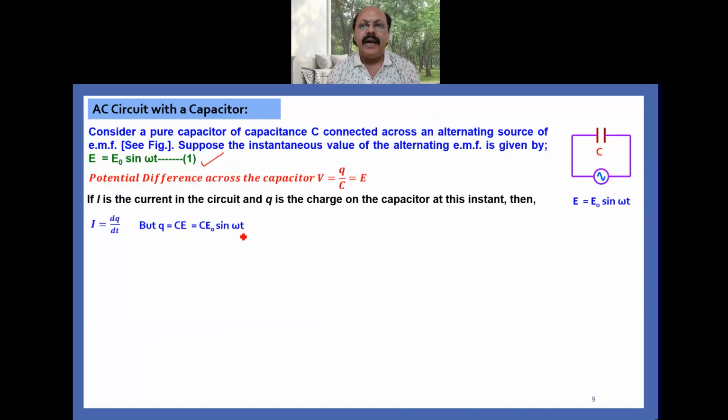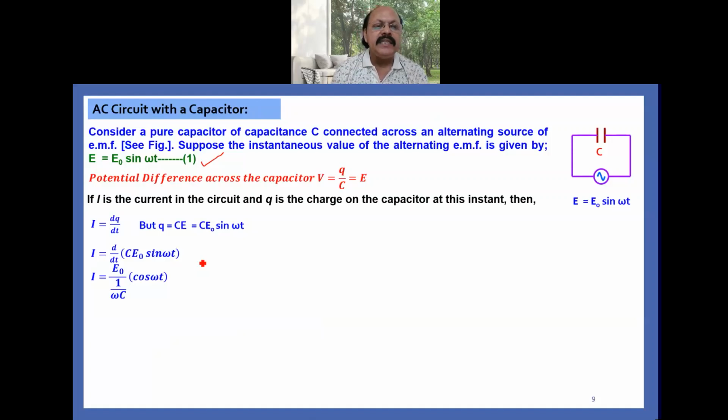Since the current I is equal to dq upon dt, substituting the value of Q, I equal to d upon dt of C E naught sin omega t. It is a differentiation with respect to time. C E naught is constant and is taken outside, and the differentiation of sin omega t is omega cos omega t.